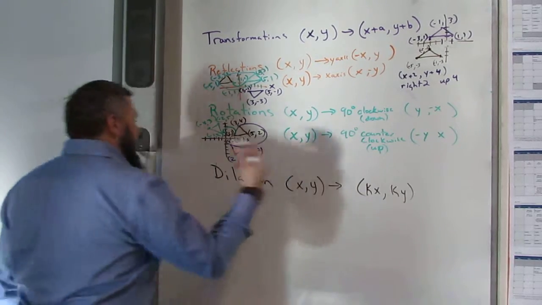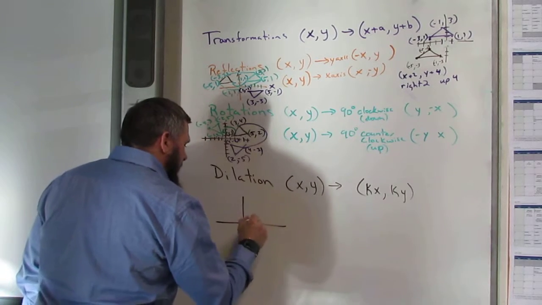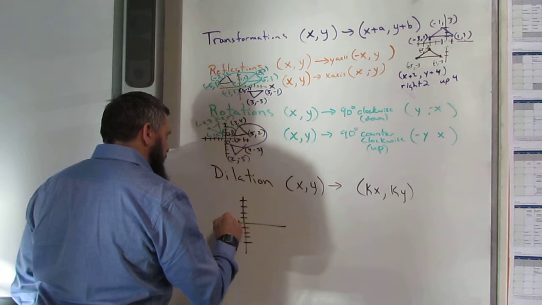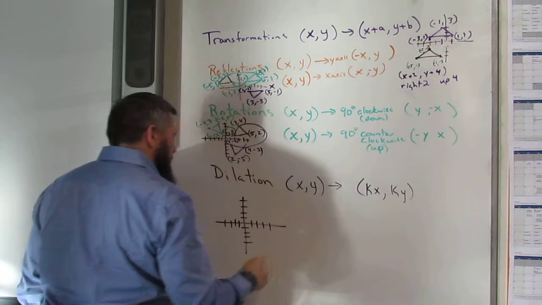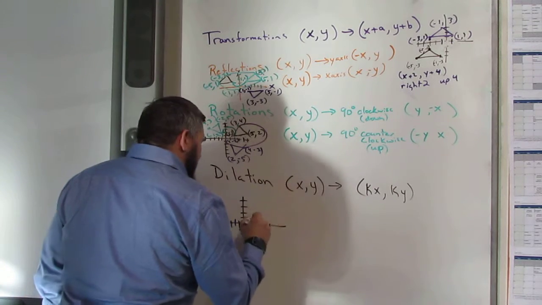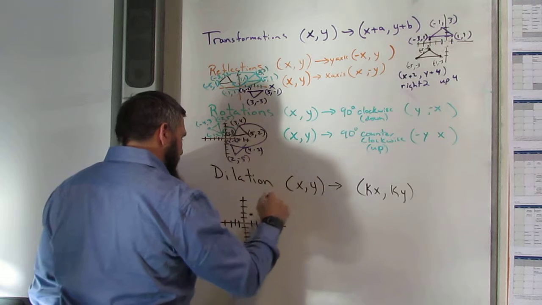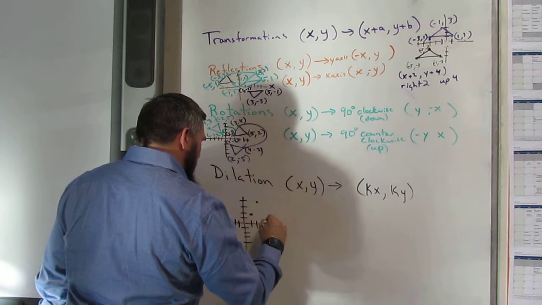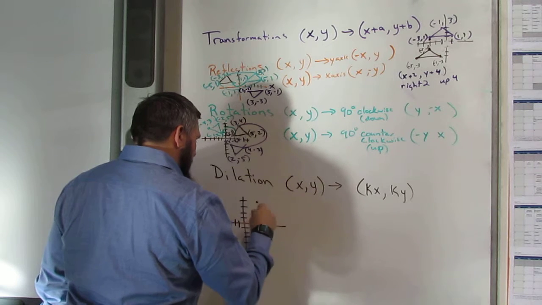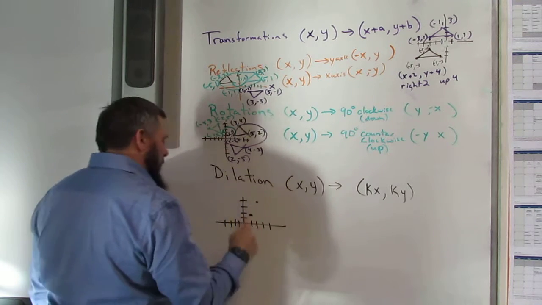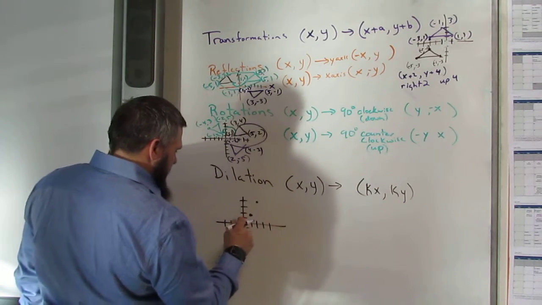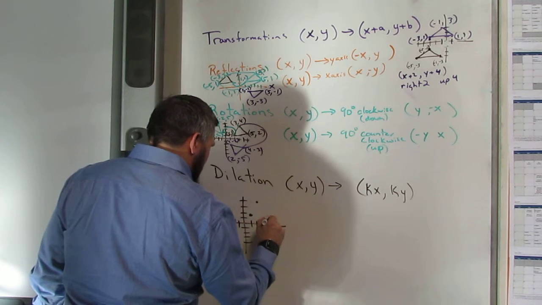So I can take something like this. Let's go. 1, 2, 2, 4, and 4, 1, sorry.